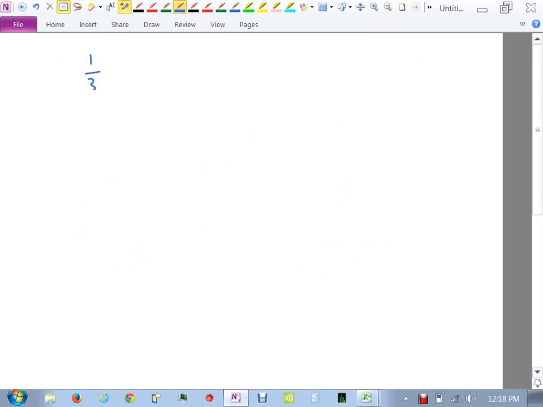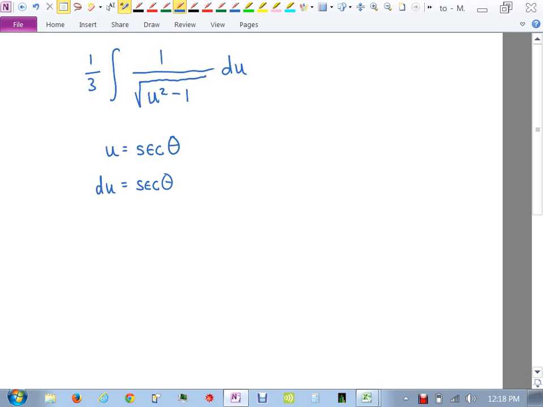We were at 1/3 integral 1 over square root u squared minus 1 du. I'm going to let u be equal to a secant theta, which means du is secant theta tangent theta d theta.